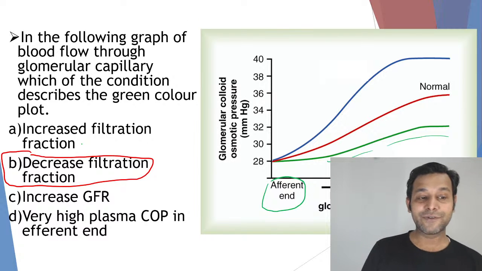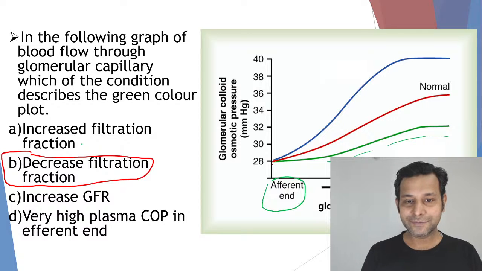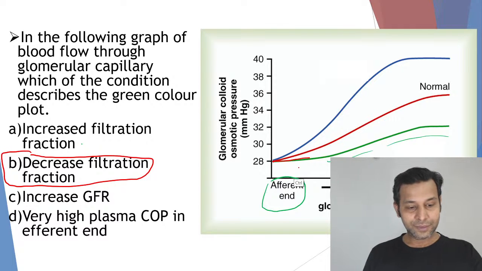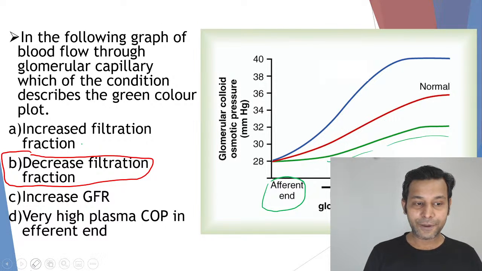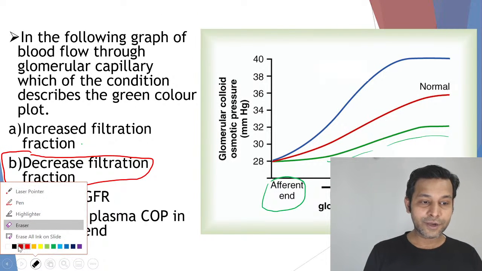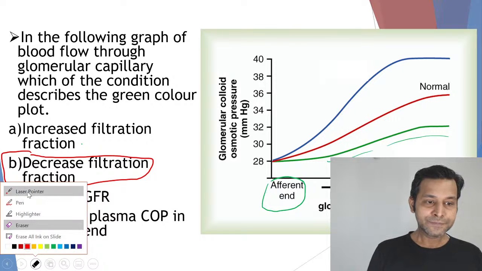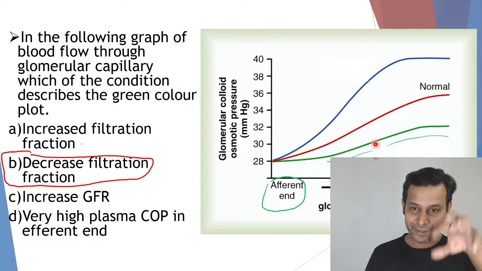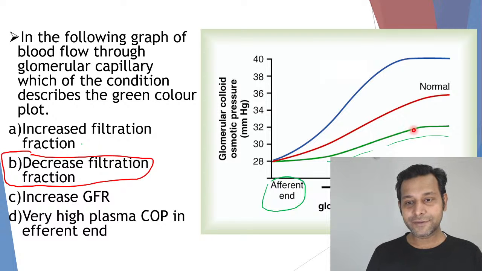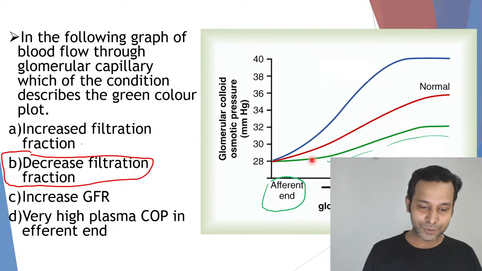When the filtration fraction decreases, this means the water has not left the glomerular capillary, and since the water has remained in the glomerular capillary, the oncotic pressure is less than normal.